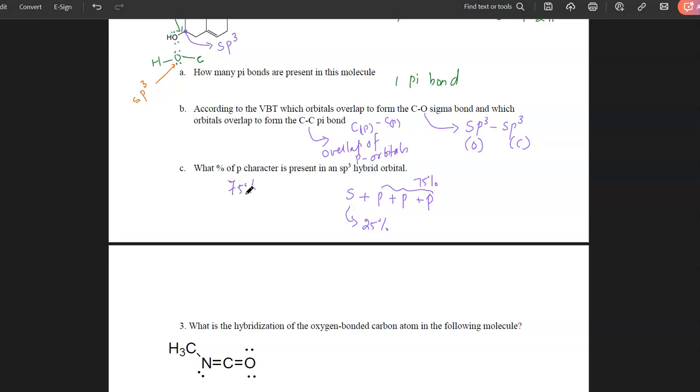The next question is asking what is the hybridization of the oxygen-bonded carbon atom in the following.